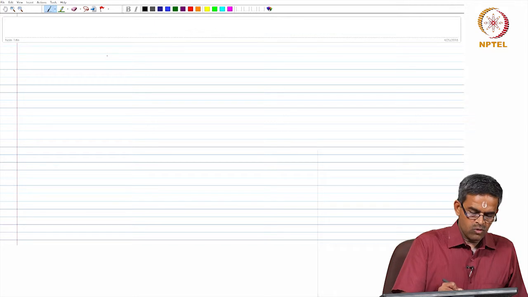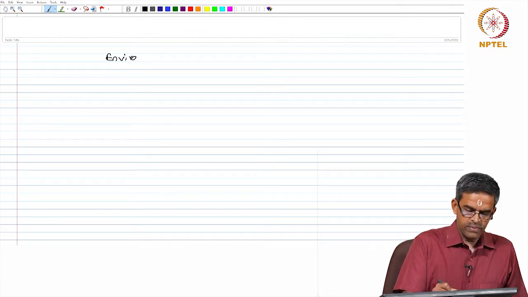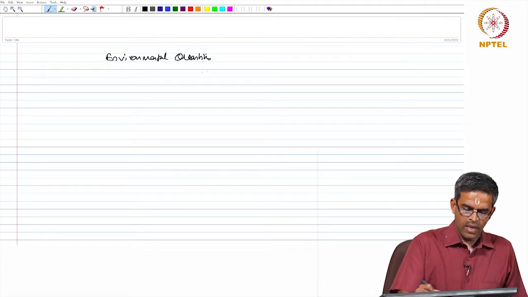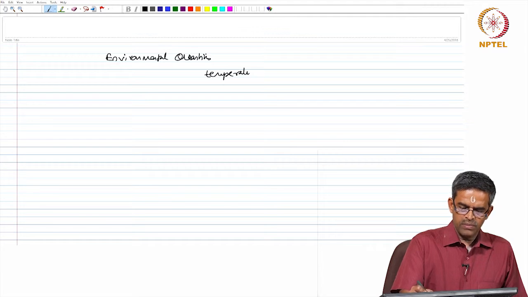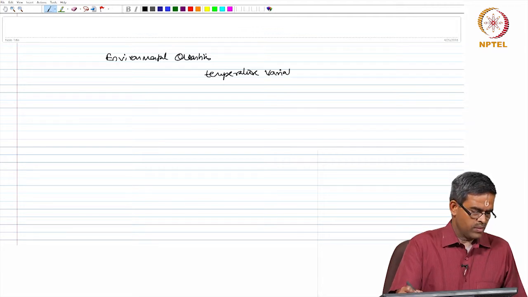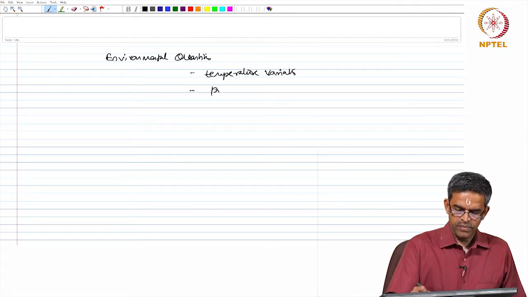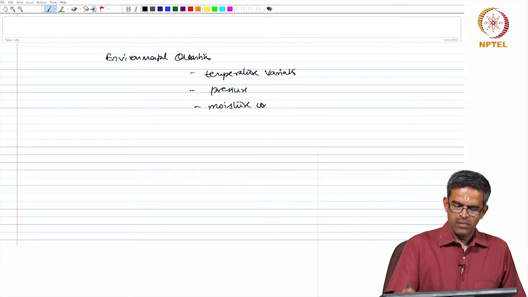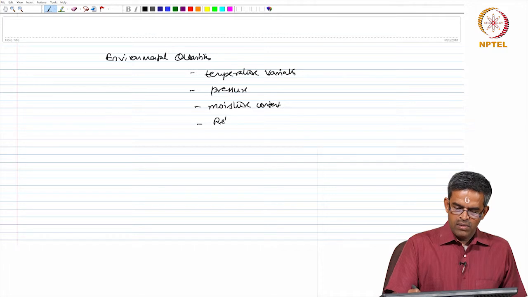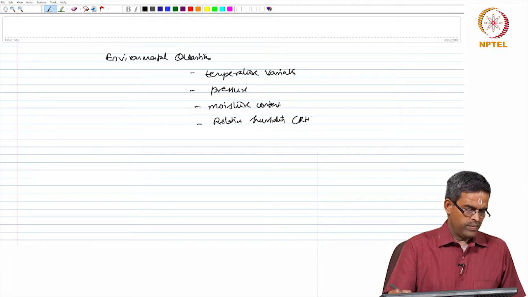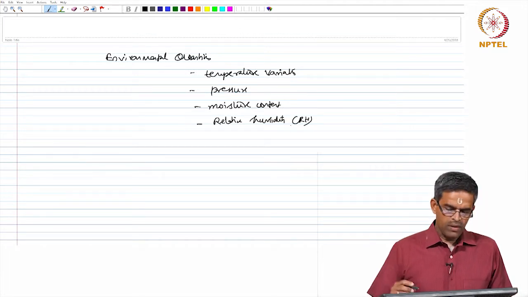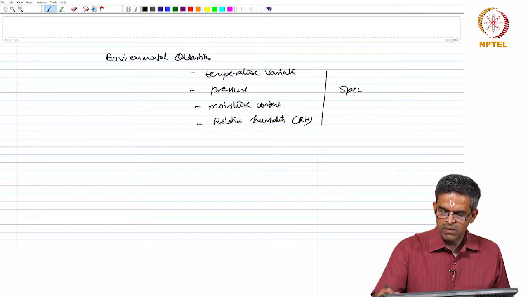However, to measure environmental quantities like temperature variation, pressure, moisture content, relative humidity, etc., you need special dedicated kinds of sensors.